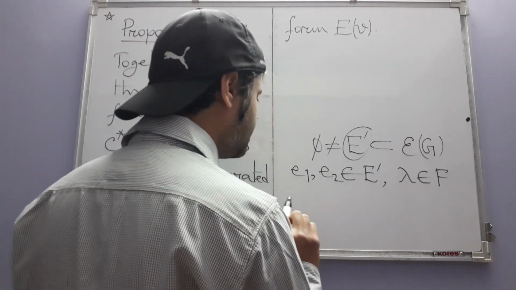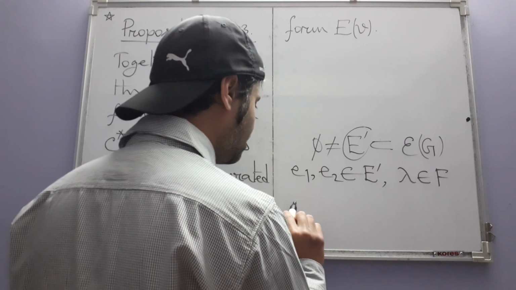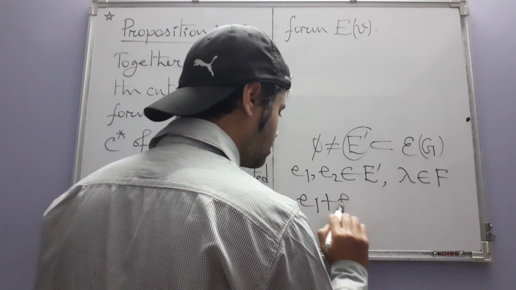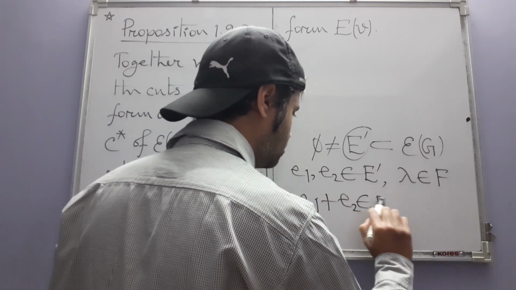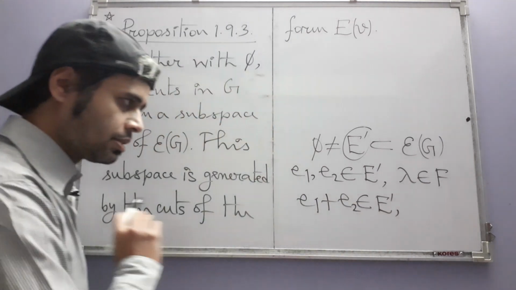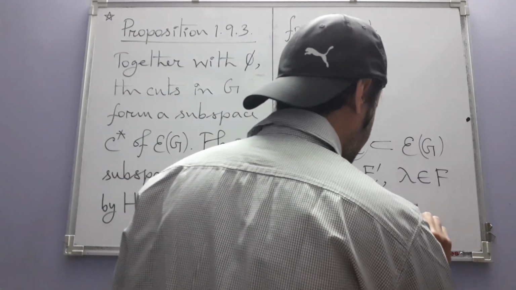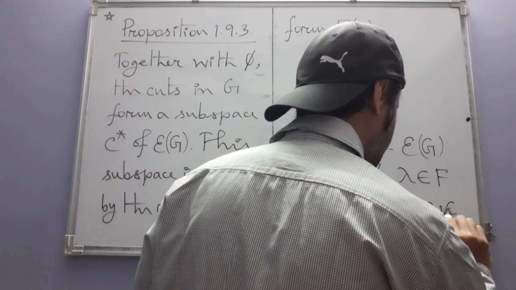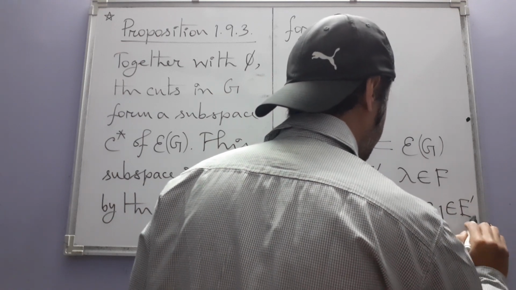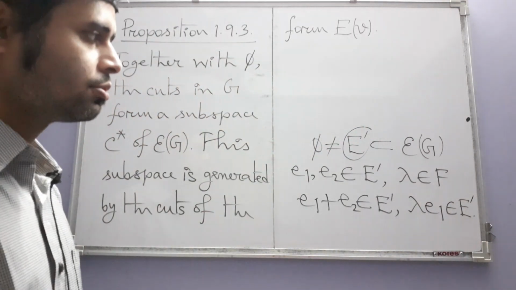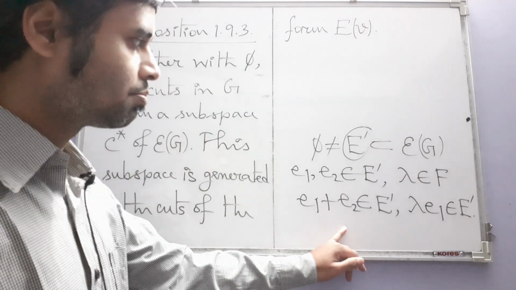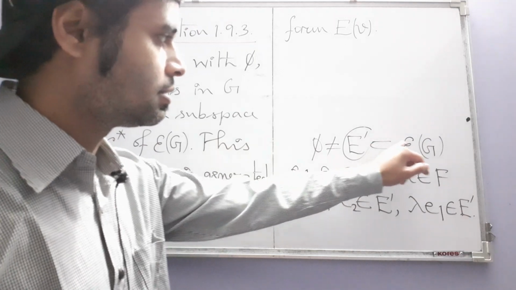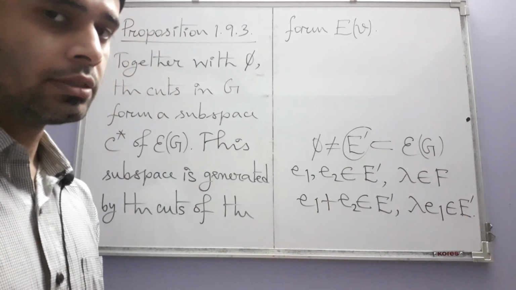So what is it that you have to show? You have to show that E1 plus E2 belongs to E prime. This is one thing. And the other thing is that lambda times E1 should belong to E prime. If you manage to show these two things, then by the subspace test from linear algebra, this is a subspace of the edge space of G.